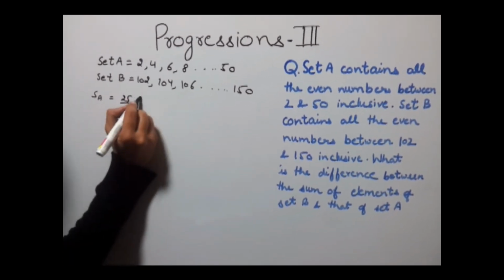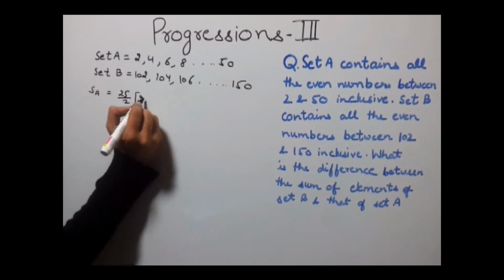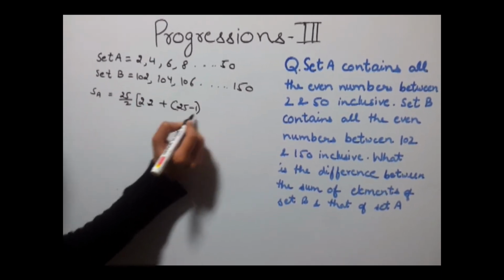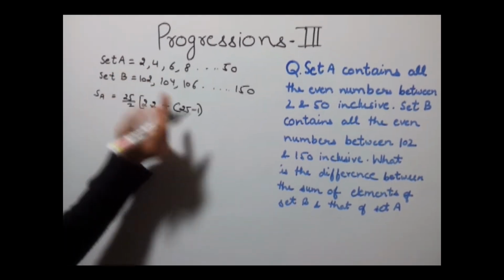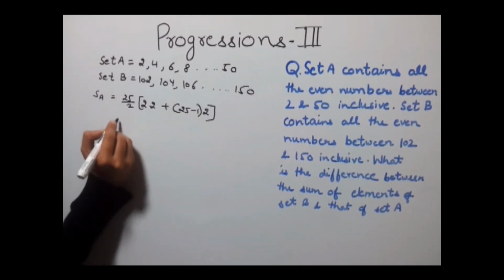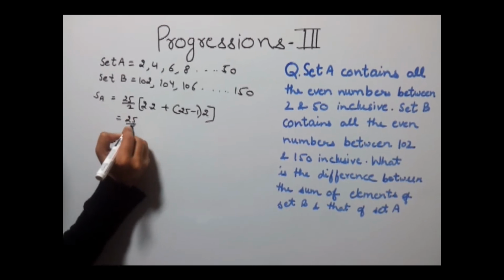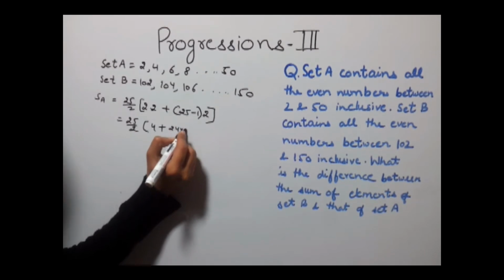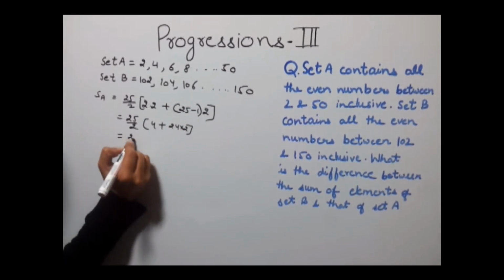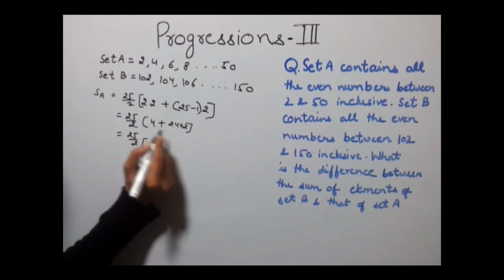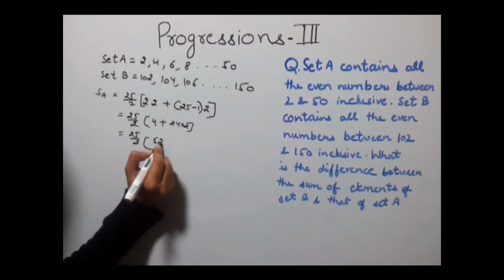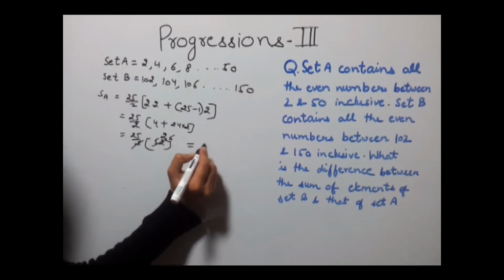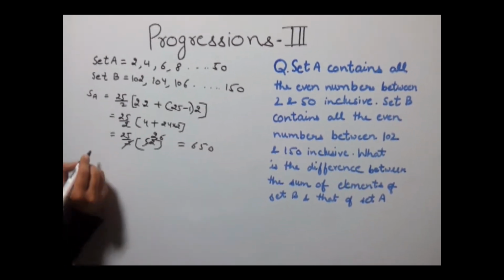So n by 2 into (2a, which is 2 over here, plus n minus 1, which is 25 minus 1, into d). d is 4 minus 2, which is 2. You will get 25 by 2 into (4 plus 24 into 2), which is equal to 25 by 2 into (4 plus 48, which is 52). We get 25 into 26, which is equal to 650.